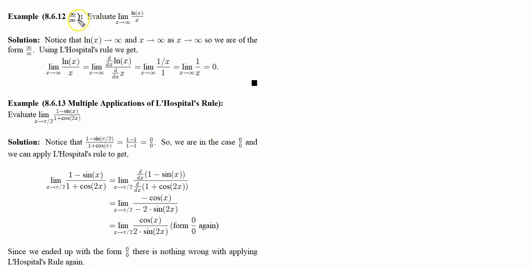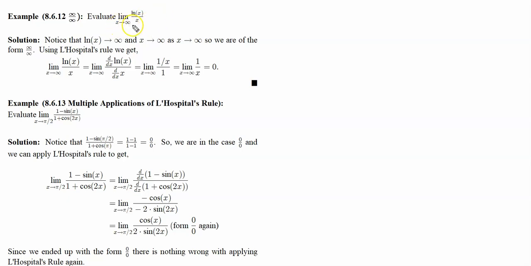Now here we have an example of a limit that is of the form infinity over infinity. So here we want to evaluate the limit as x approaches infinity of the natural log of x divided by x. So the first thing we need to do is make sure that this limit is of the form 0 over 0 or infinity over infinity in order to apply L'Hopital's rule.